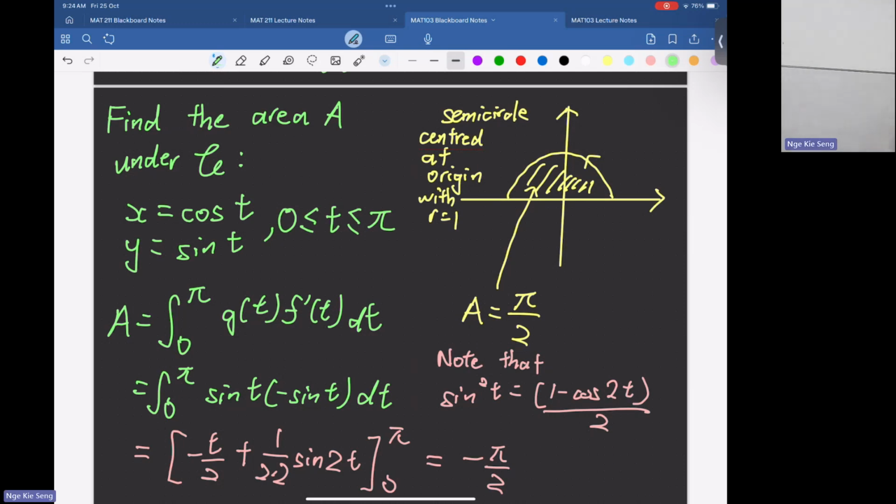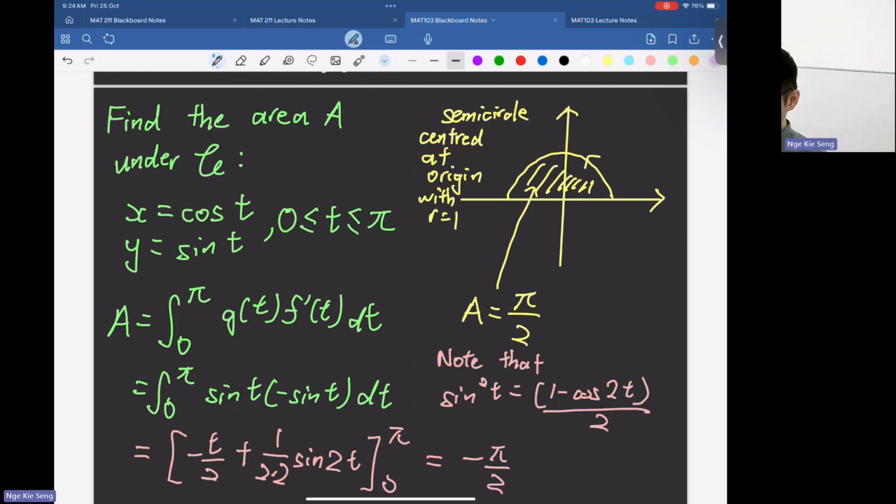So this definition of integral actually depends on the orientation of your curve.